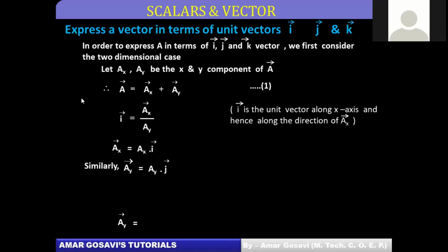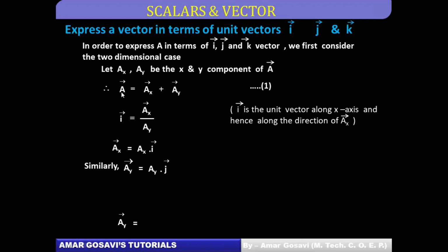So if a bar is to be represented in two dimensions, that is along x and y, then it will be represented as ax bar plus ay bar. Further, ax bar can be written as ax i cap, and ay bar can be written as ay j cap, where i cap and j cap are the unit vectors along the x and y axis respectively.